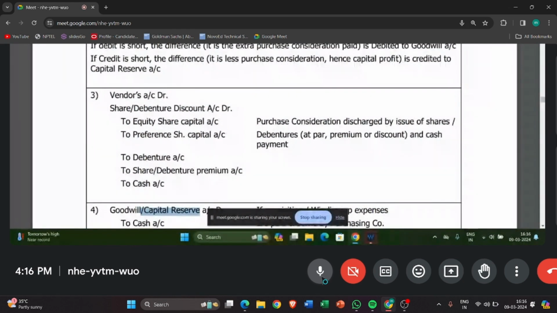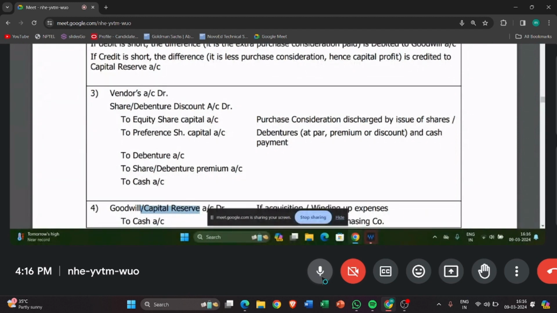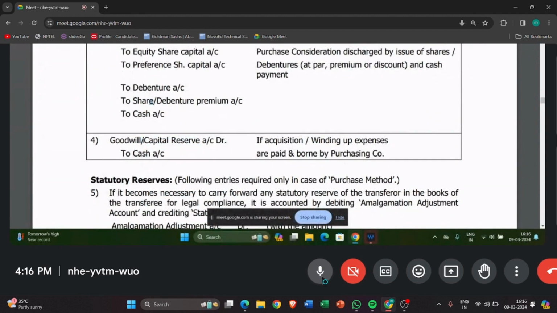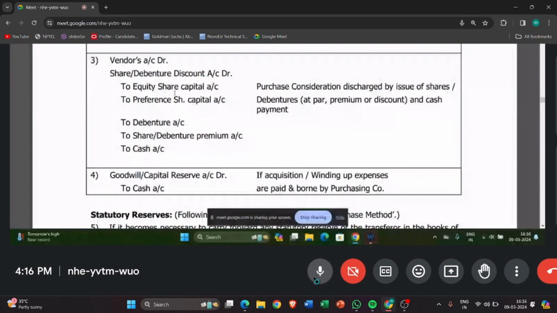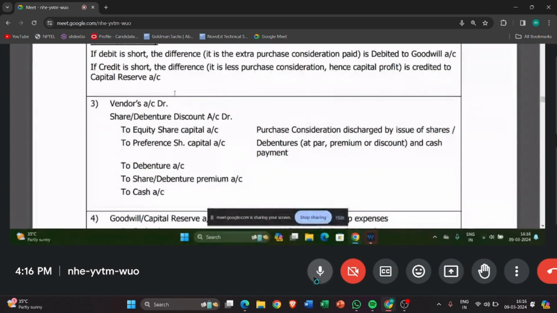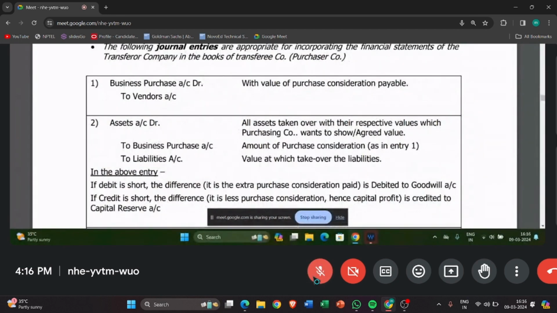If you got capital reserve as 1000 and here you have liquidation expenses of 500, it will be 1000 minus 500, so only 500 is taken to the balance sheet. This is in the books of the purchasing company in case of amalgamation in the nature of purchase.